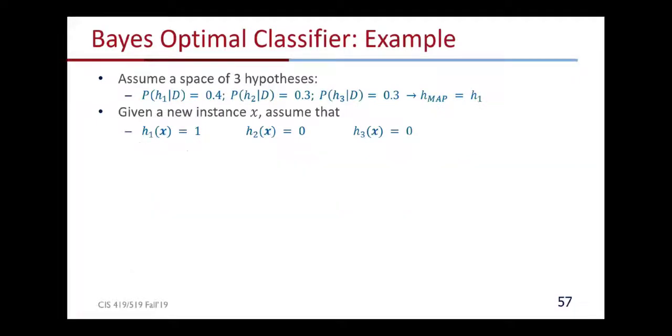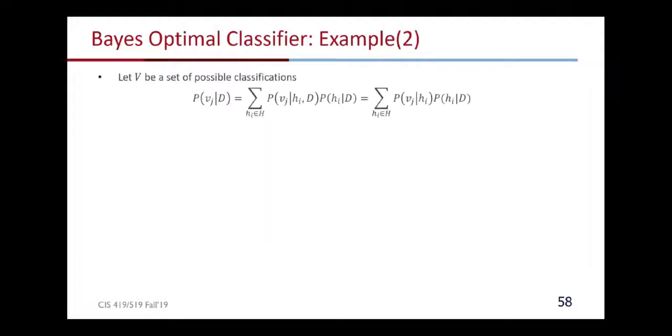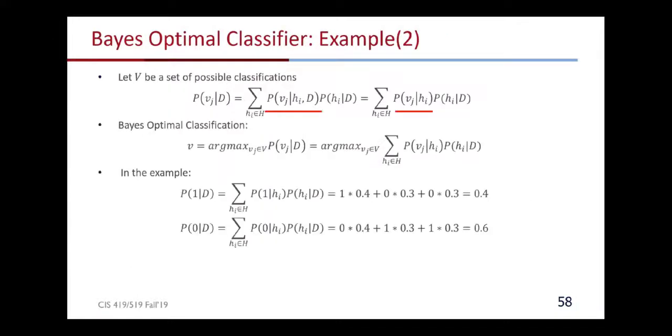Yeah, so the probabilities of the hypotheses were 0.4, 0.3, 0.3 at the top line, and their predictions were 1, 0, and 0 on X. So the probability of predicting 1 is going to be only 0.4, while the probability of predicting 0 is going to be 0.6.